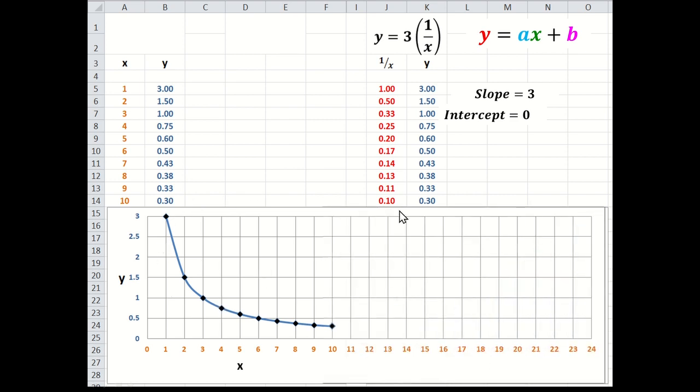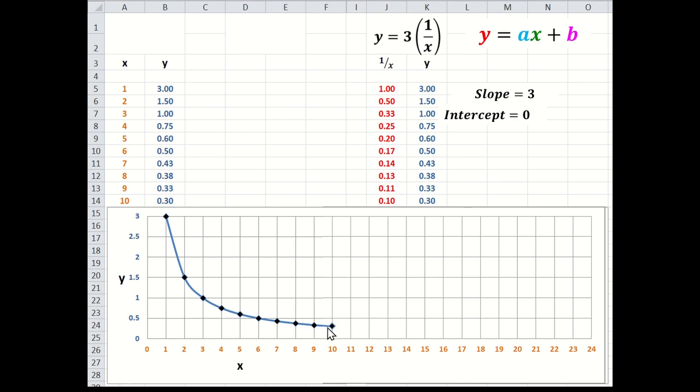Okay. What's beautiful about that is once we have the equation, we can predict. And models that have predictive values are more valuable than models that can't predict things.